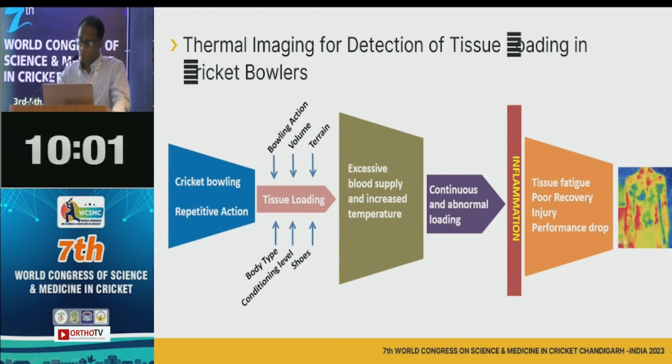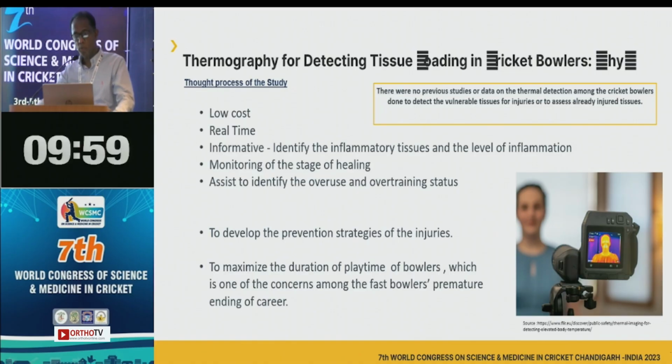The thought process for this study came up because no previous studies had been done to detect thermal imaging in fast bowlers, especially to identify their vulnerable tissues or assess already existing injuries. Obviously it is low cost compared to many other investigations like MRI, ultrasound scanning and CT scanning.